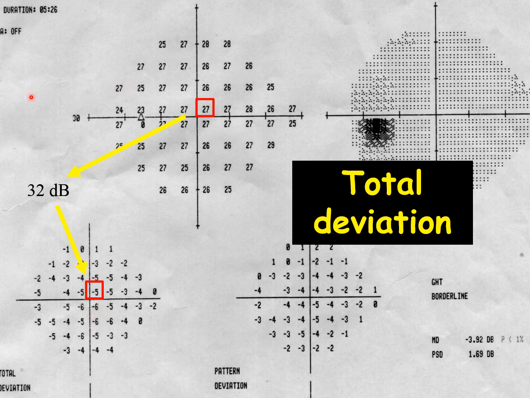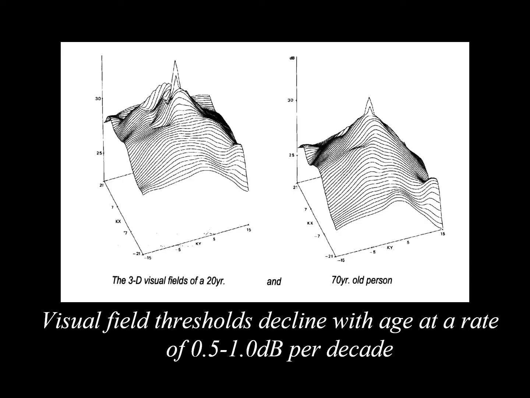Each point is compared with the corresponding point of the normative data of the same age, and differences are recorded here. This is higher by 1, this is below by 3, and so on. Why are you comparing with the same age? Because the sensitivity decreases by half to 1 decibel per decade, so we have to compare with the same age.